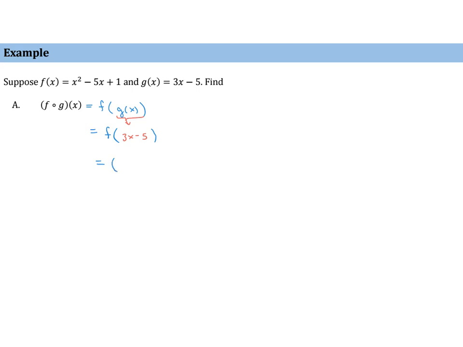F says to take that input, square it, minus 5 times that input, and then add 1. So I'm getting that from right here. X squared minus 5x plus 1, where x is the input. But our input is now 3x minus 5. So we're going to take and replace x with 3x minus 5.